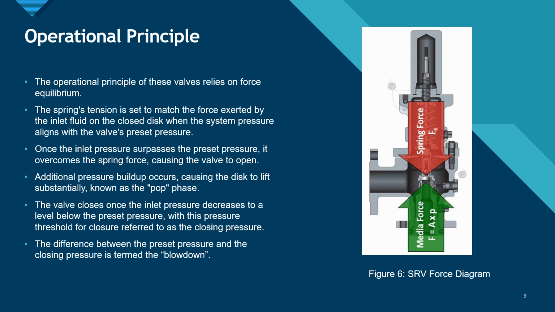This is why in many cases you will hear these valves referred to as pop valves. The valve closes once the inlet pressure decreases to a level below the preset pressure, with this pressure threshold for closure referred to as the closing pressure. The difference between the preset pressure and the closing pressure is termed the blowdown.